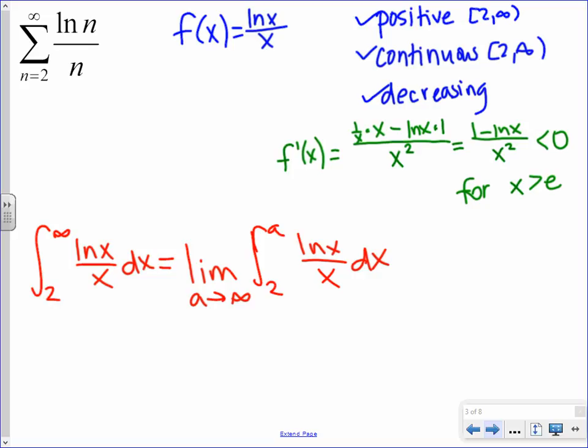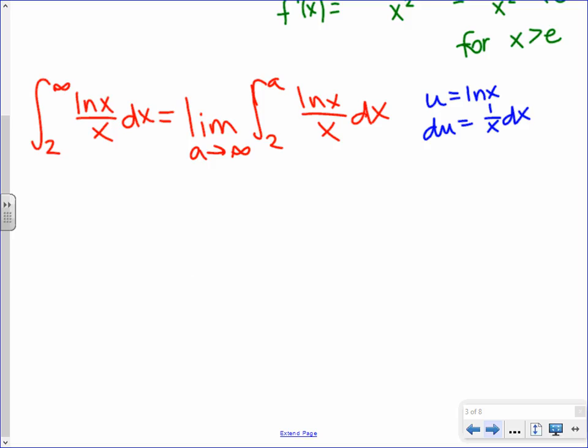What would we need u to be? Natural log of x. Du? That works out nicely, doesn't it? So we have the integral of u du, right? So I'm going to take the antiderivative, and we have to switch it back to x, okay? So we have the limit as a approaches infinity.